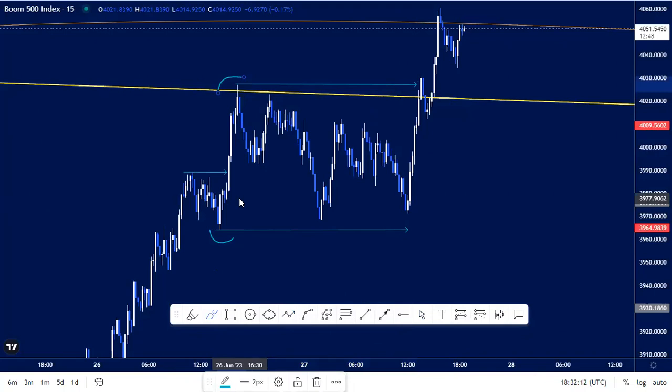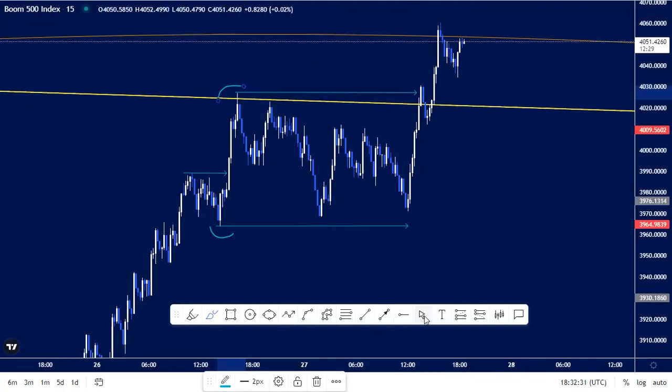Whatever price action happens in between a high and a low like this is simply unnecessary noise or unnecessary fluctuations that are designed to confuse traders that do not have an understanding of how price moves.